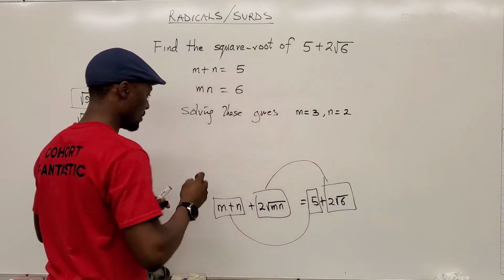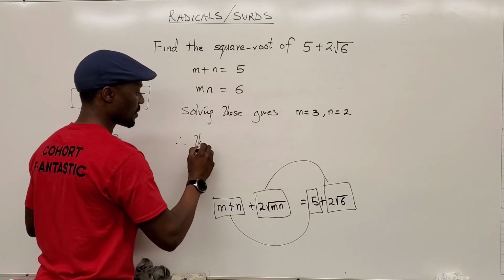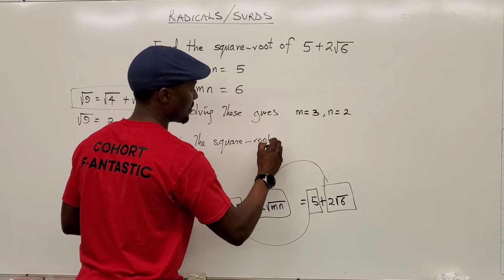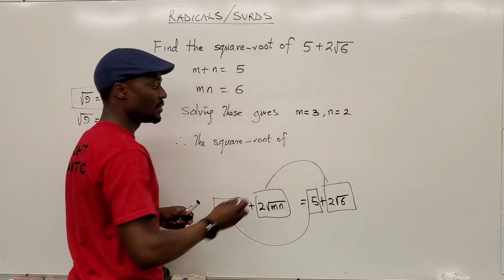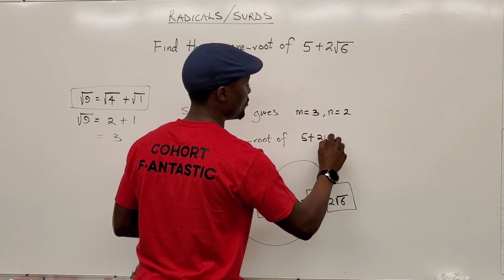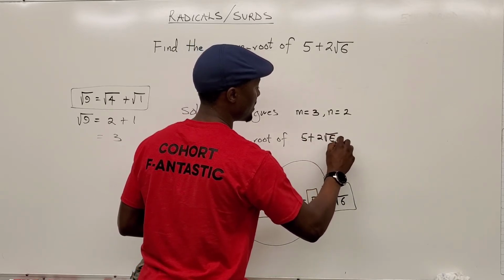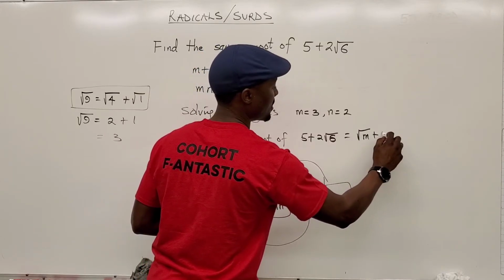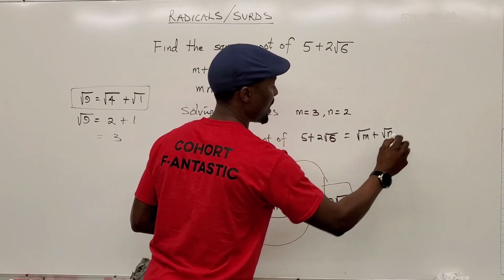Therefore, the square root of 5 plus 2 root 6 equals square root of m plus the square root of n. That's your answer.